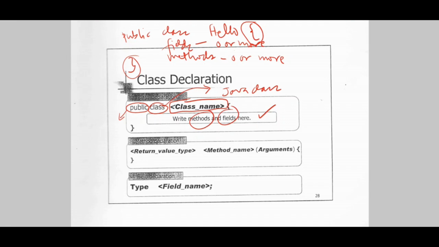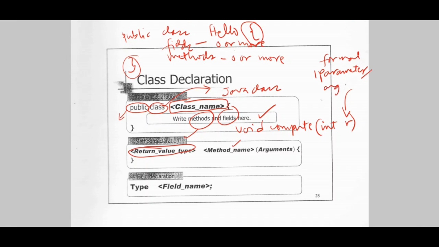Now, how do you declare a method? This is the syntax. The return value type, like void, is the return type, and then the method name, maybe compute, and then the arguments, for example int a. So this method has only one formal parameter. We call this a formal parameter, or we could also call it a formal argument.